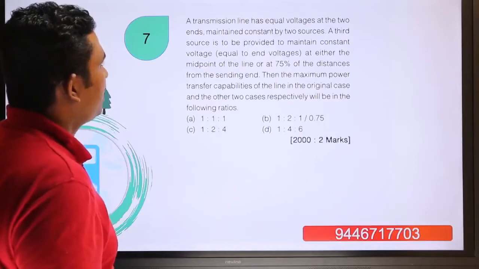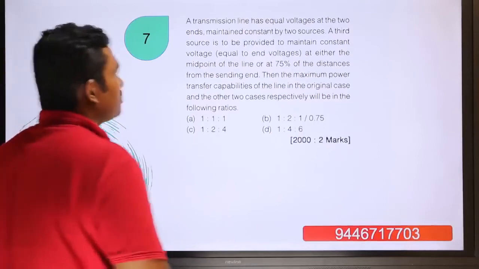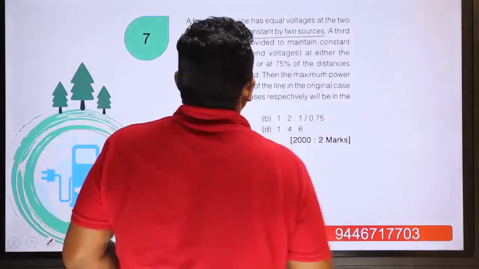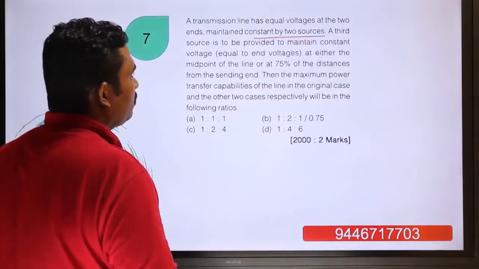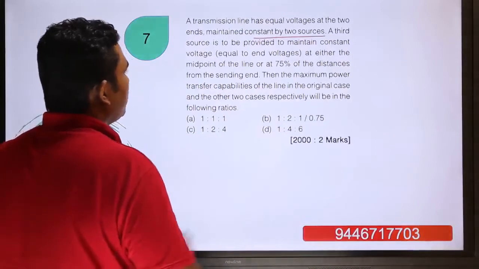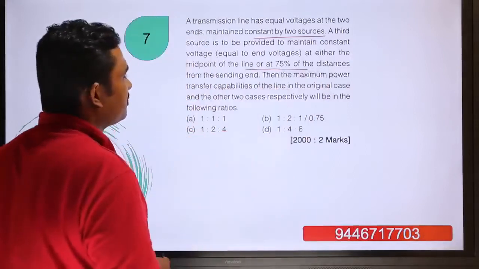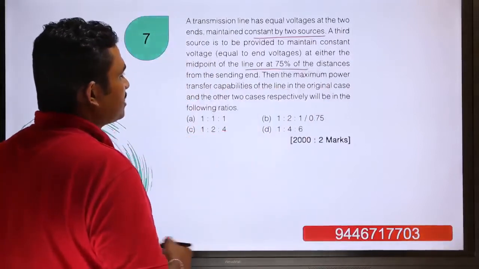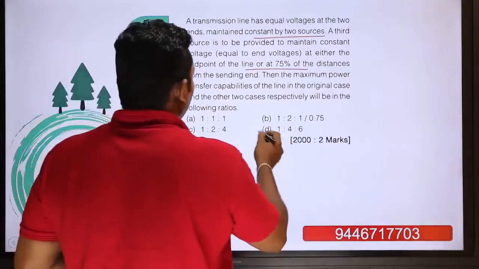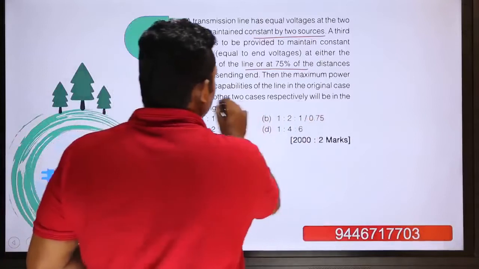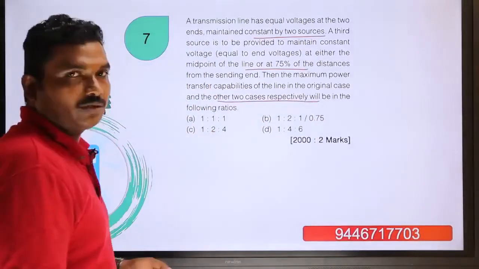A transmission line has equal voltages at the two ends, maintained constantly by two sources. A third source is to be provided to maintain the constant voltage equal to end voltages at either the midpoint of the line or at 75% of the distance from the sending end. Then the maximum power transfer capabilities of the line in the original case and the other two cases respectively will be in the following ratio. So it's a slightly lengthy question because it is a 2-mark question.